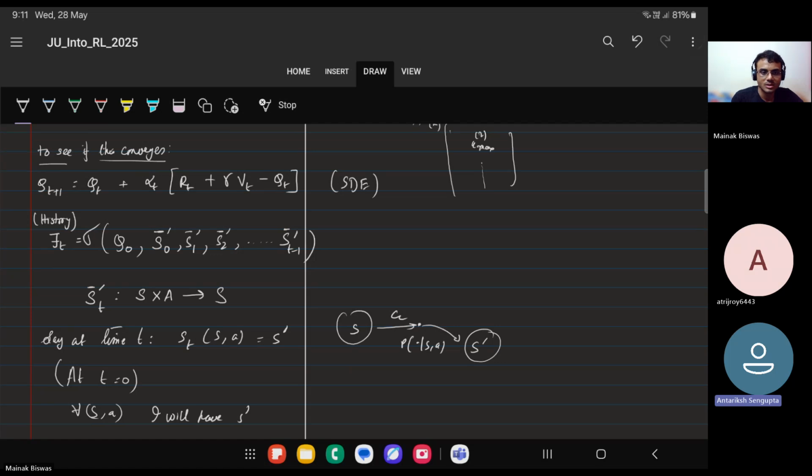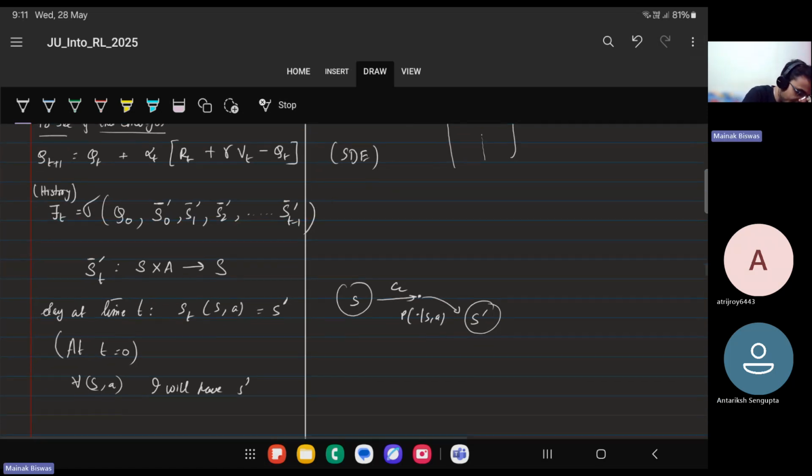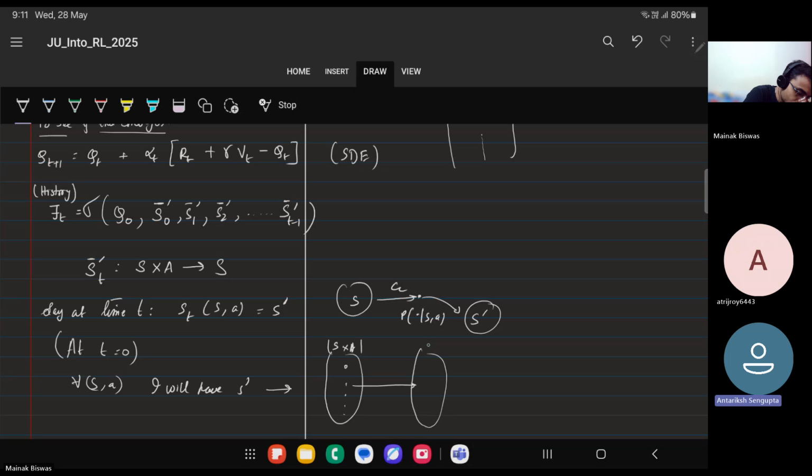Yes. So if for all states and actions I have an S dash, can I not define a mapping from S cross A? For all states that I have previously visited in this trajectory, I can say there's a function connecting. Yes or no? Yes, that's what I'm saying.